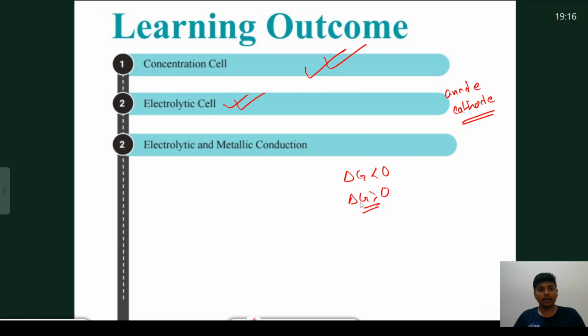And we talked about Faraday's law. We'll recap that also. Two laws are there. Whenever an electrolytic cell is there, some amount of gas will evolve, or some amount of metal will deposit. We'll talk about when metal will deposit and when gas will evolve.